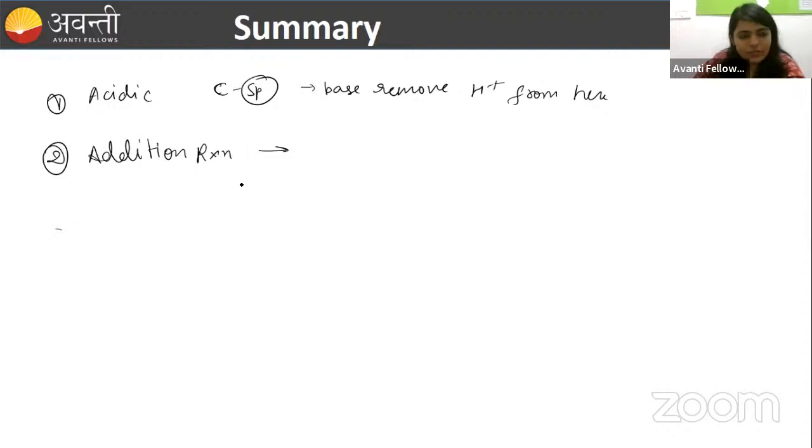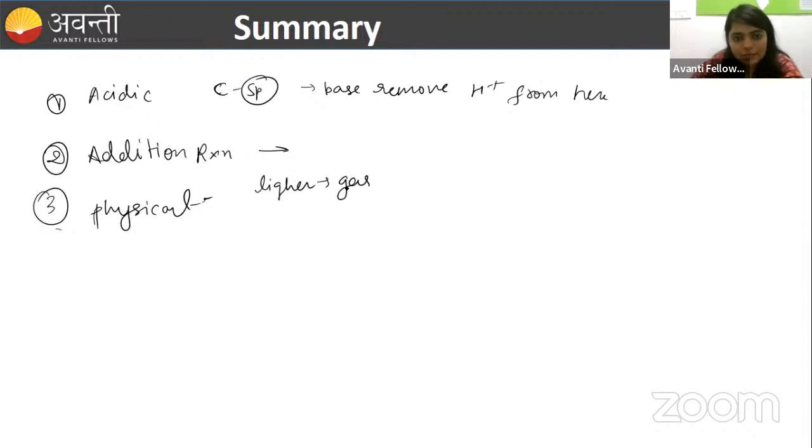Then some questions we have done, and physical properties. So what have we done in physical properties? If your molecule is lighter, then it will be a gas. If it is a little heavy, then it will be a liquid.